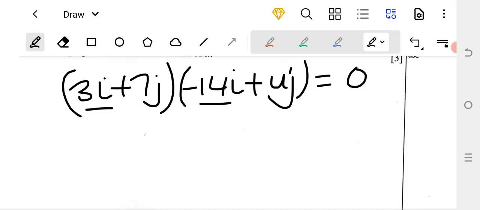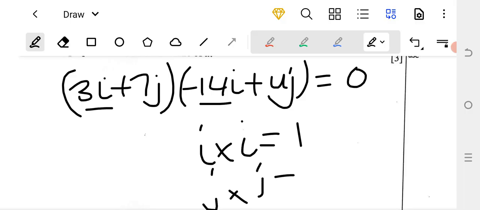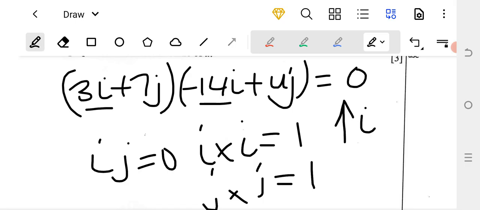So when you're multiplying vectors, only multiply the i and the j components, because i times i will give you 1, j times j will give you 1, but i times j will give you 0, because the dot product of two vectors that are perpendicular gives you 0. i represents movement in that direction, j represents movement in that direction.